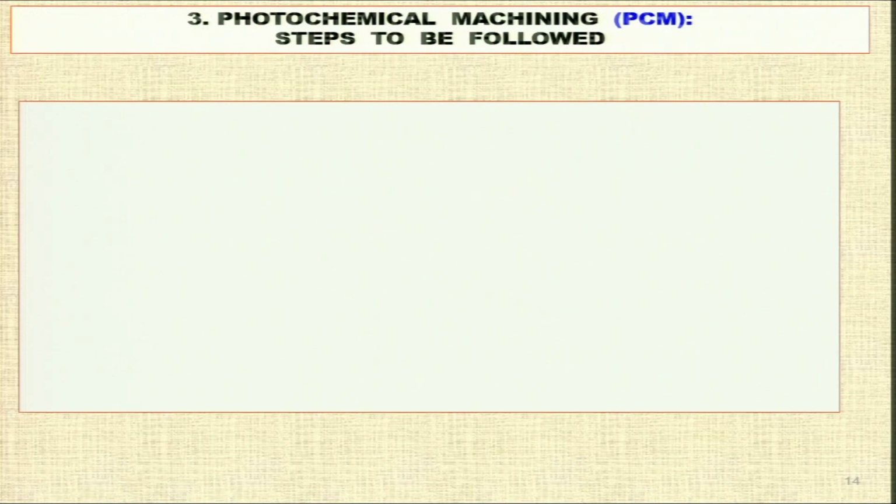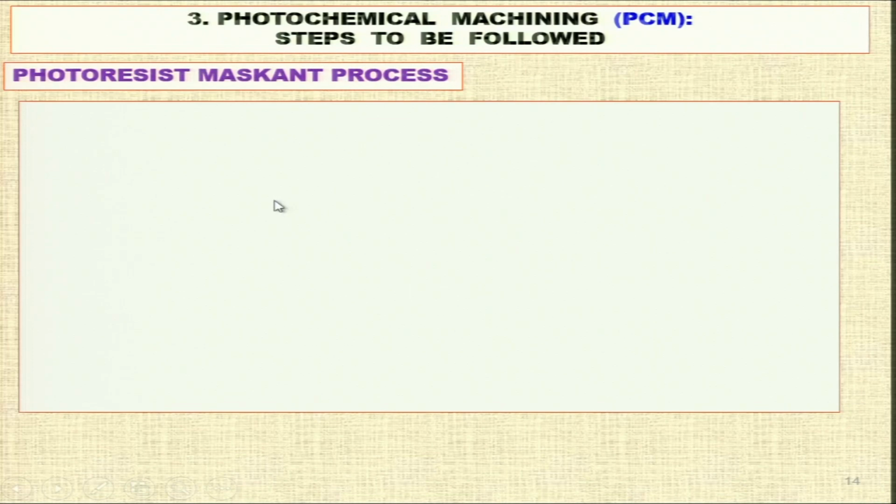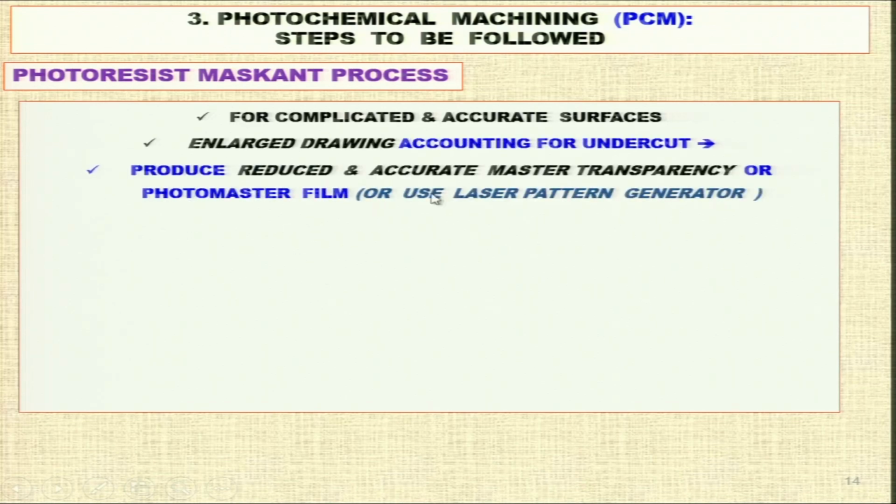Photochemical machining, also abbreviated as PCM, steps to be followed. This is a very important process and very commonly used in the electronic industry. For complicated and accurate surfaces, prepare an enlarged drawing accounting for overcut, as I mentioned, we have seen already undercut.